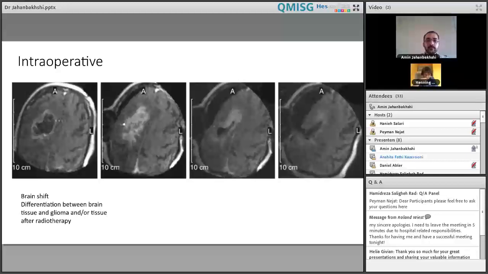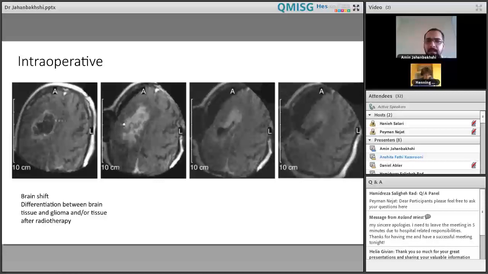It is very difficult sometimes to differentiate between normal brain tissue and glioma. Sometimes it can be touched. Glioma is a little harder than brain, but some gliomas are very, very similar to brain tissue in terms of visual and tactile characteristics.